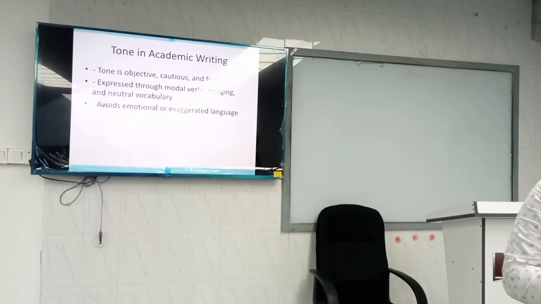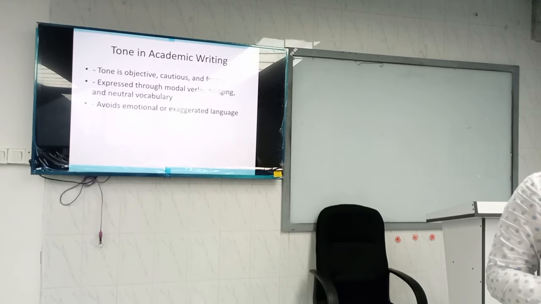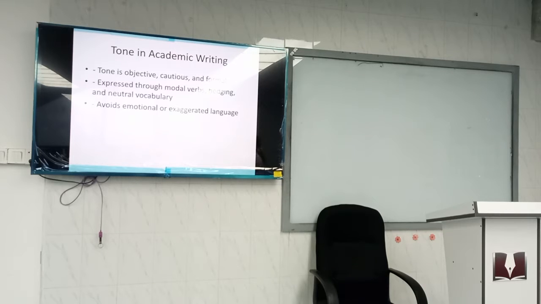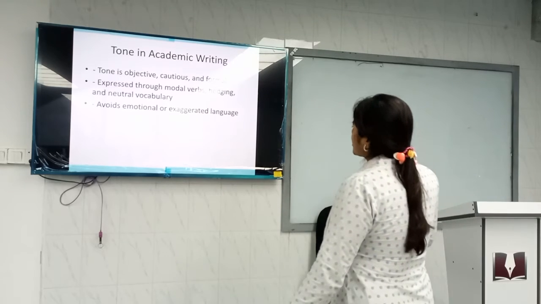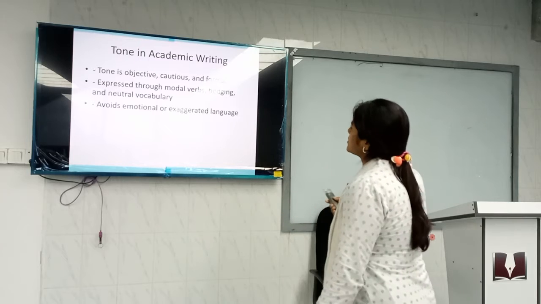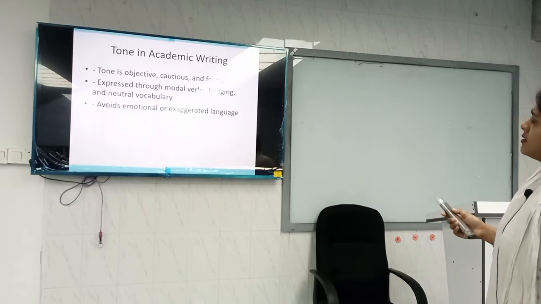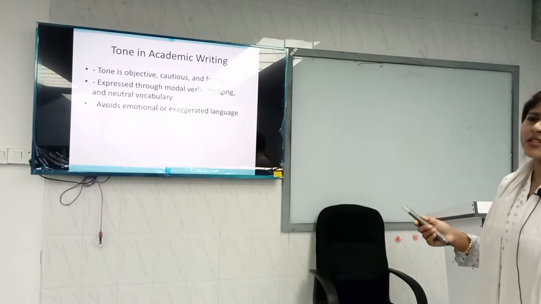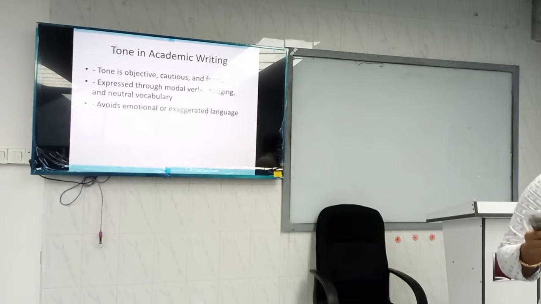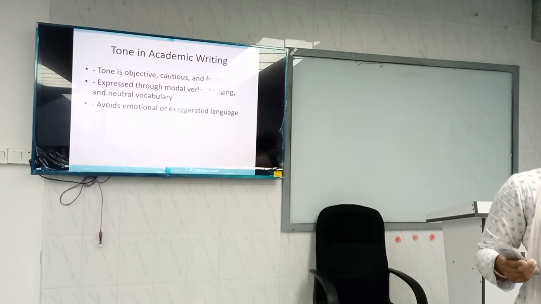Okay, like you are being one-sided, but when you are being one-sided, like in arguments, "in my opinion," you should give proper evidence and examples and supporting details for why you are actually supporting it. And neutral vocabulary. Okay, we will see some neutral vocabulary. What is the meaning of neutral? Neutral means it doesn't show your opinion.